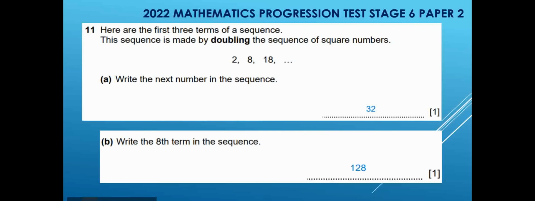It is 128. How do we get 128? So the first term is 2 times 1 square. The second term is 2 times 2 square. The third term is 2 times 3 square. So the 8th term will be 2 times 8 square.